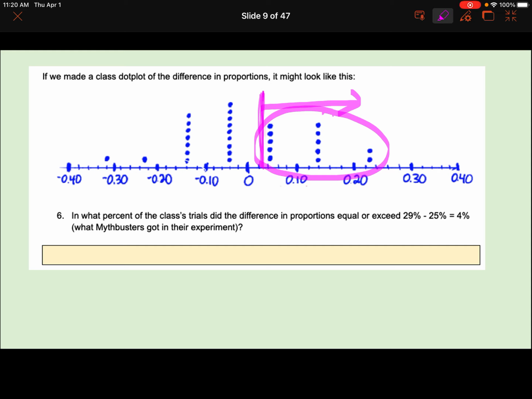All right, so for question 6, when we're looking at how many there are, there are 12 that are 0.04 or greater, out of 30 total, which is 40%. So that's a really large proportion, actually.